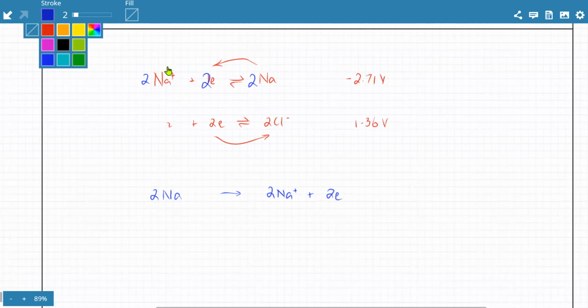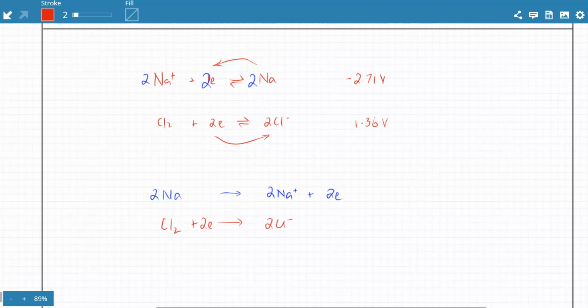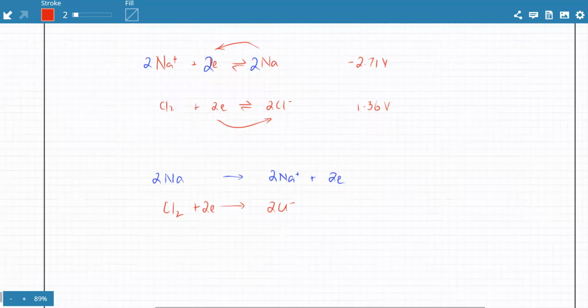And what happened to the second one? The second one was Cl2. You've got Cl2, and that Cl2 is gaining 2 electrons and turning into 2Cl minus 1. So that's your second equation. And what would happen is you're going to add up the reactants and add up the products.